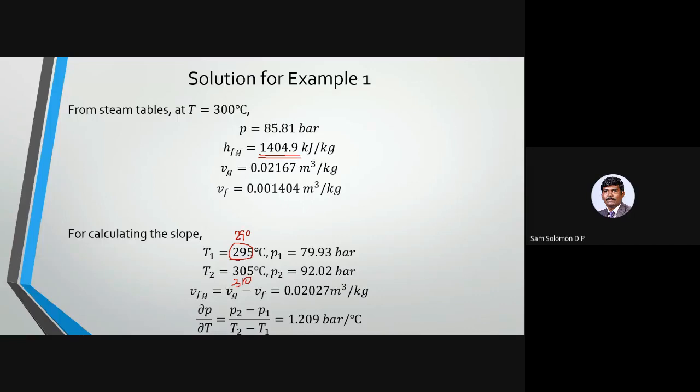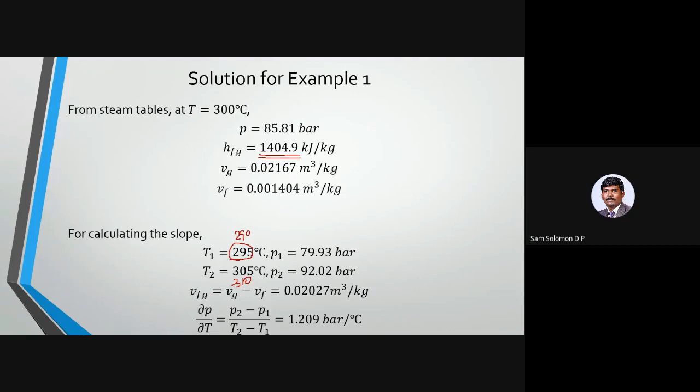In that case, your accuracy will come down. You won't get 1404.6; it will be lesser than 1404.6. So with the minimum variation in the pressure difference, you will be able to get a more accurate value. You can try that by replacing different values for T1 and T2 and see what value you get.